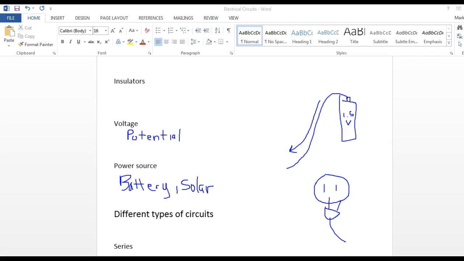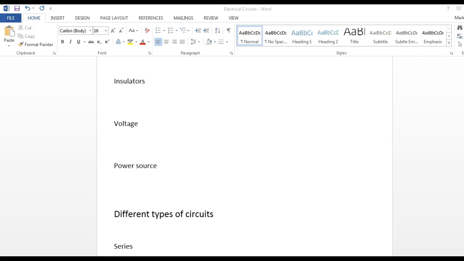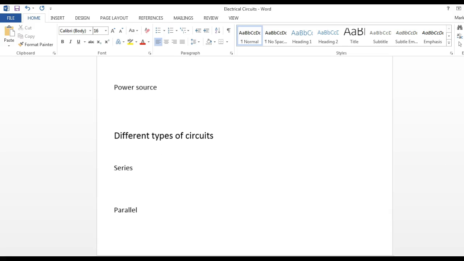Now, last thing we want to look at is types of circuits. And there's really two types, series and parallel. A series circuit has one path. And that means the electrons can only flow one way.